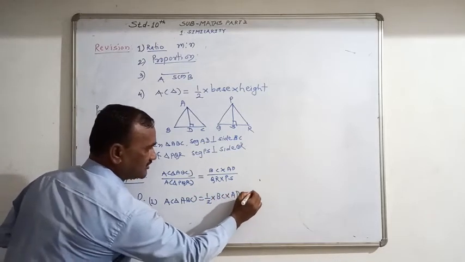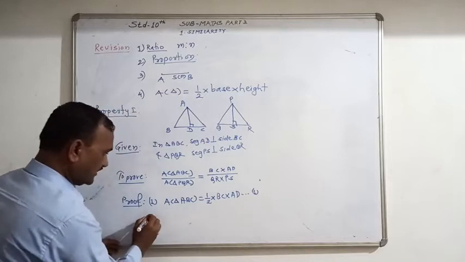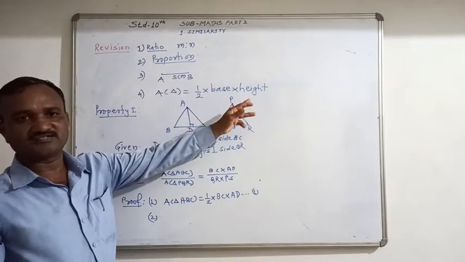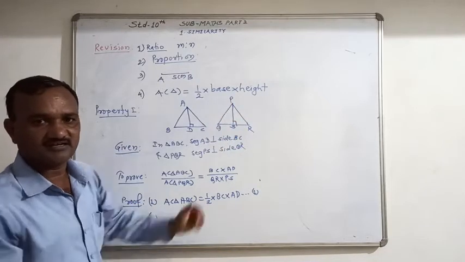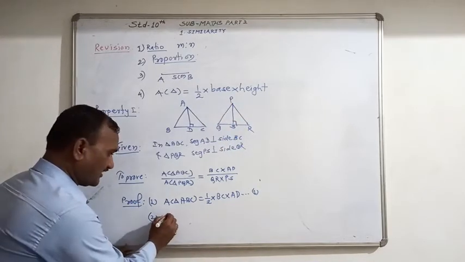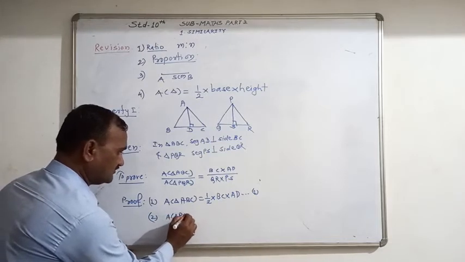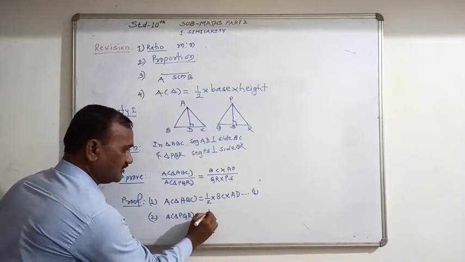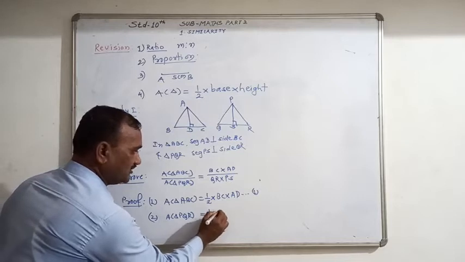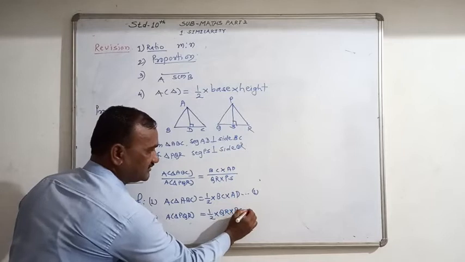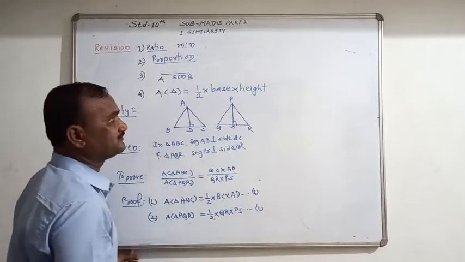Give it equation number 1. Similarly, we get the area of triangle PQR. What is the area of triangle PQR? Correct. Area of triangle PQR is equal to 1 upon 2 into QR, that is the base, into PS, the height, equation number 2.